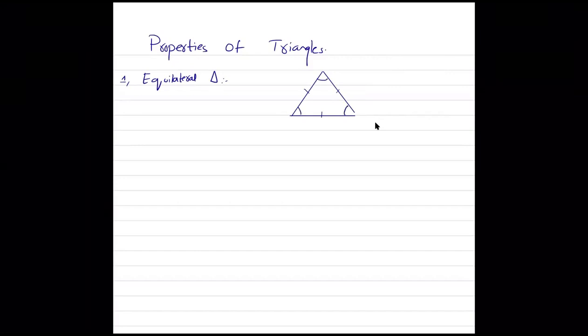All the angles in an equilateral triangle are equal and 60 degrees, only then can the sum be 180 degrees. So 3 equal sides and all angles are 60 degrees.